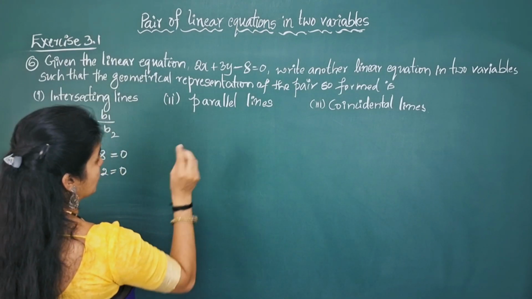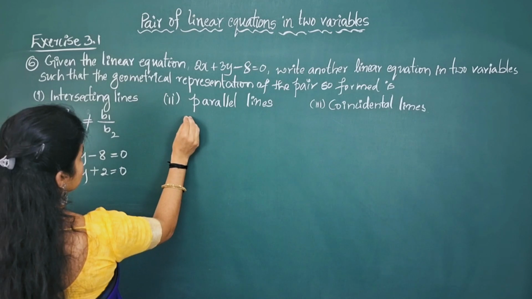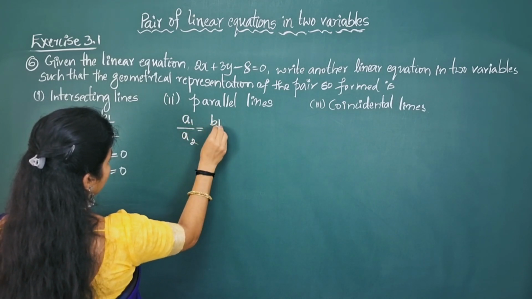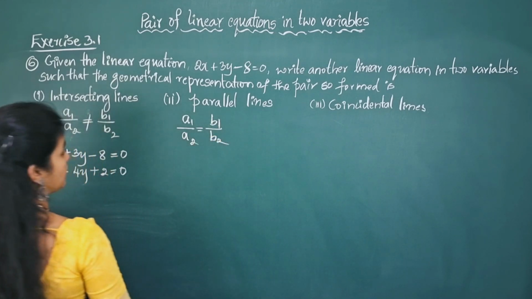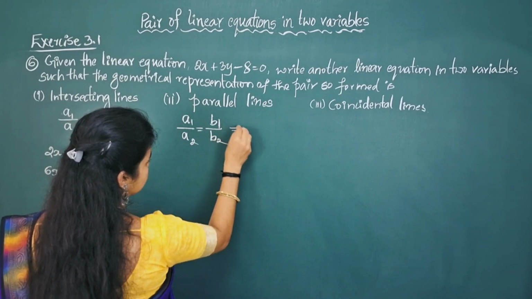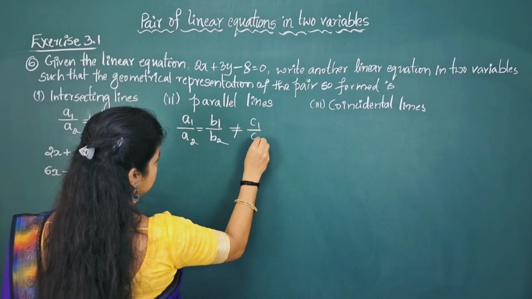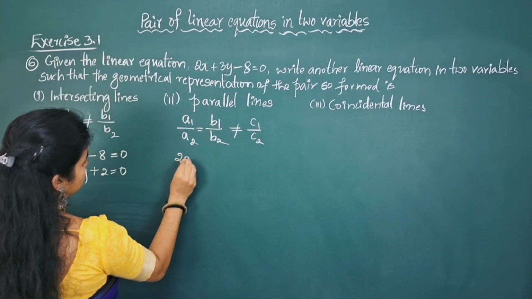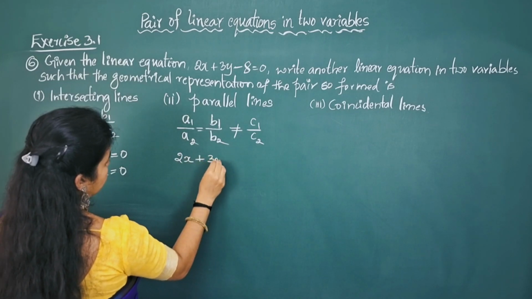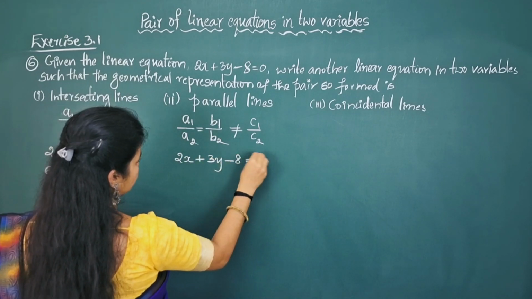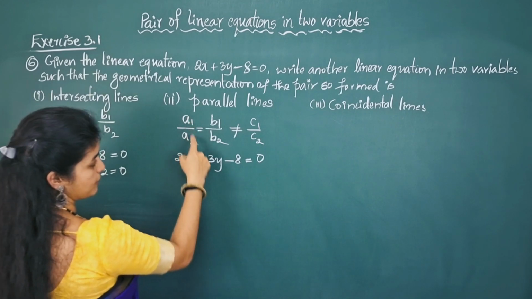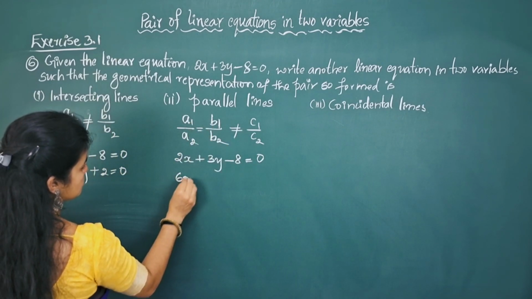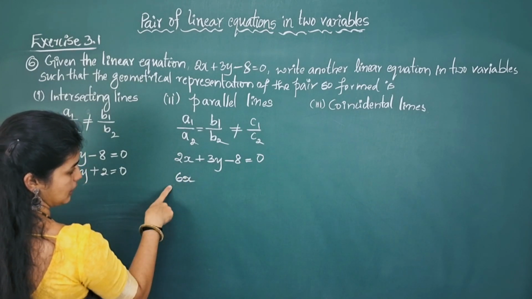Now coming to the parallel lines. The condition is A1 by A2 is equal to B1 by B2, but this is not equal to C1 by C2. You must follow this condition. Now they have given us the equation 2x plus 3y minus 8 is equal to 0. The ratio of A1 by A2 should be equal to B1 by B2. If I take 6x, the ratio becomes 1 by 3, right?